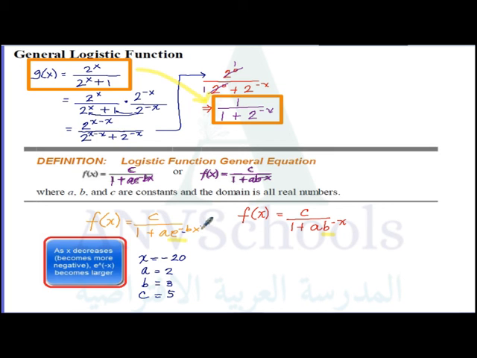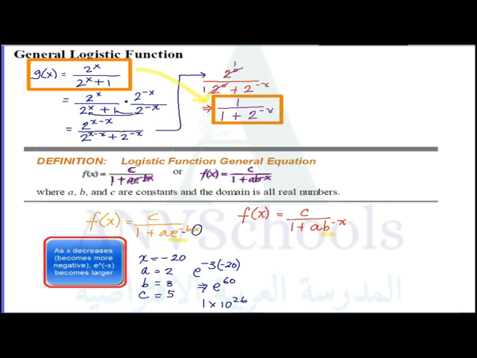So multiplying this by a negative number, negative 3 times negative 20, is equal to e raised to 60, and e raised to 60 is just 1.14 times 10 to the 26. So it becomes larger, okay?